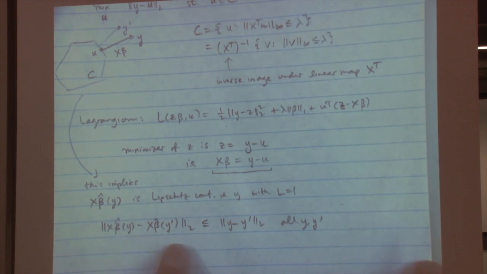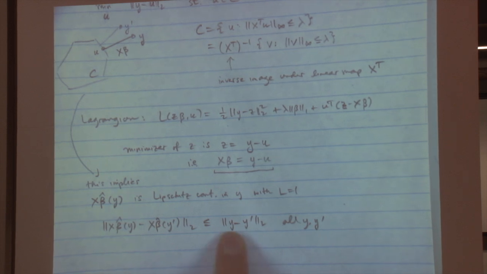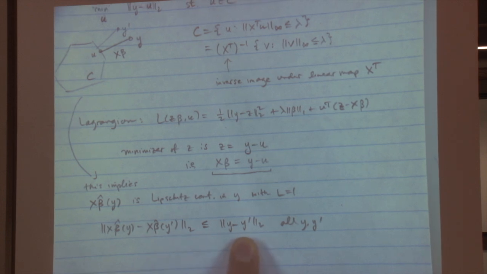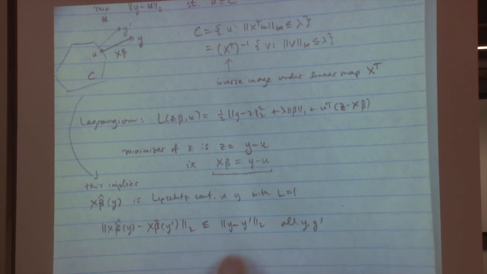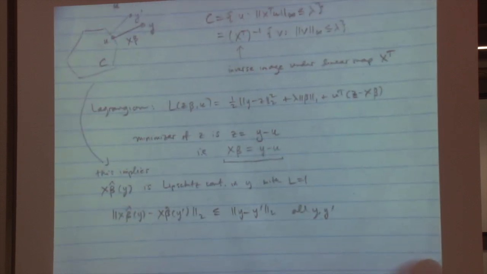It may be interesting to say that if I asked you to solve the lasso problem at y and at y prime, some perturbation of the response, then I don't expect them to deviate any more than y did from y prime. It's a pretty nice stability property of the lasso. It's also not something that maybe you would think is easy to do from first principles. But here it comes from the dual.